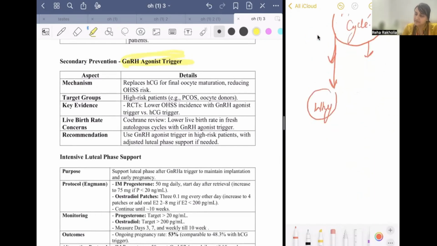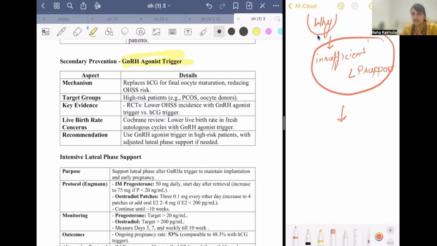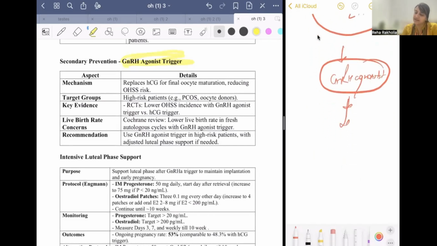Because there is insufficient luteal phase support. Following this trigger, after we use GnRH agonist trigger, there won't be enough luteal phase support. There will be early luteolysis, okay? But this issue can be managed with proper adjustment in luteal phase supplementation, ensuring that pregnancy outcome remains optimal.